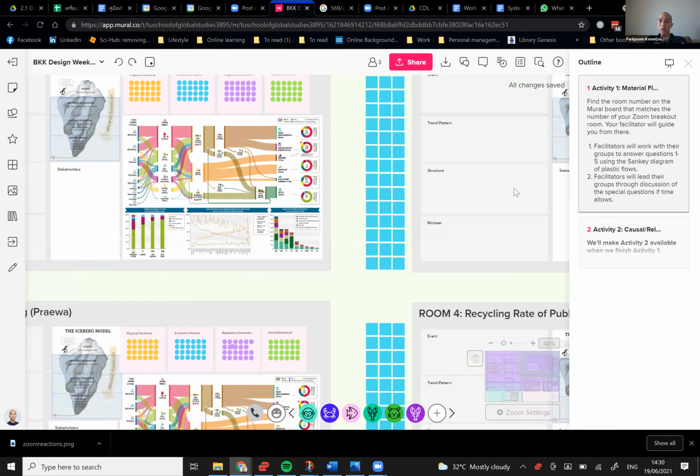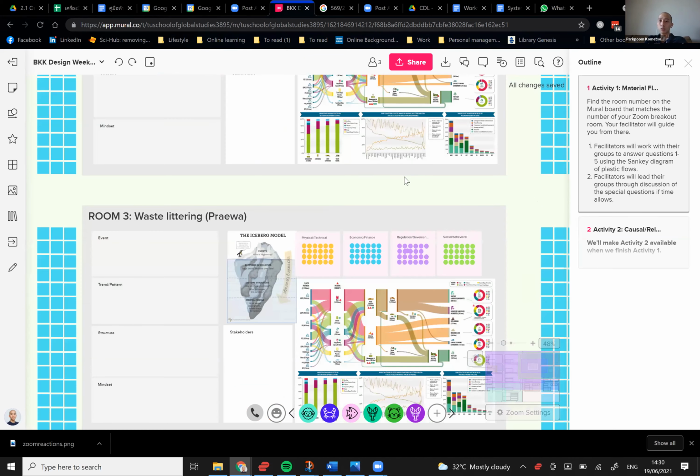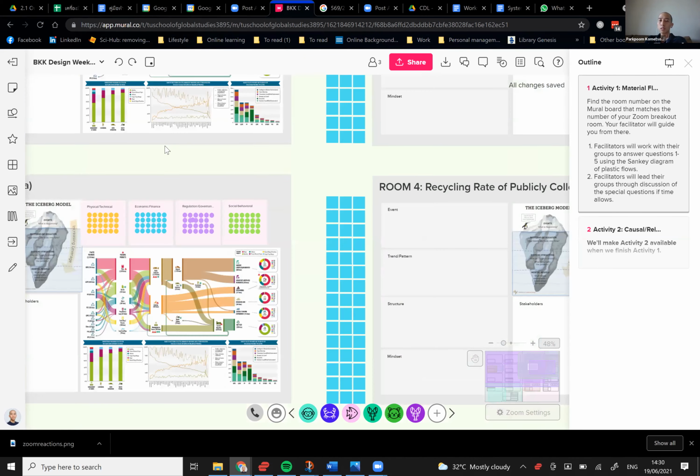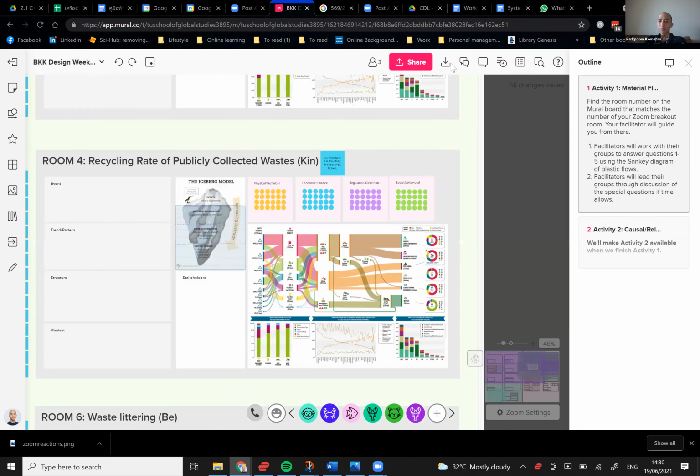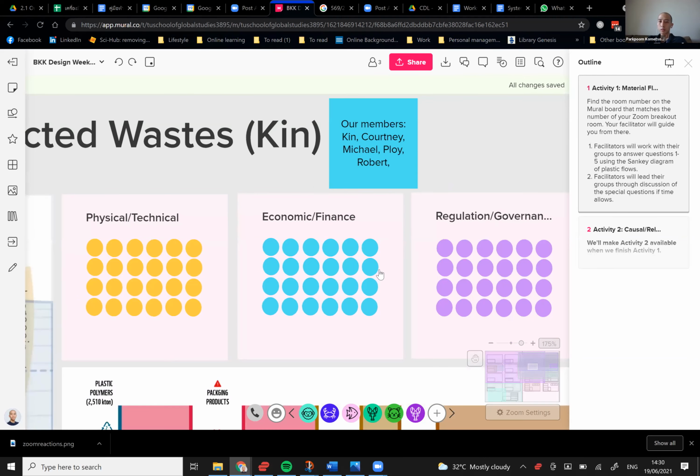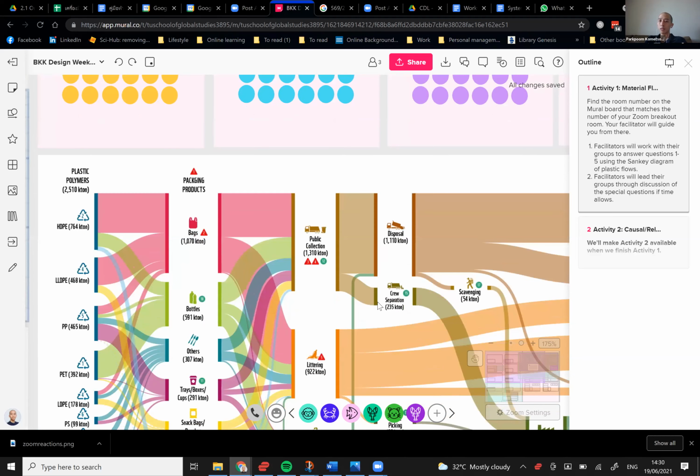Room number 3 is about the waste littering issue, and room number 4 is the recycling rate of publicly collected waste. So it's about focusing on the recycling rate of the waste being collected by the public collection services.